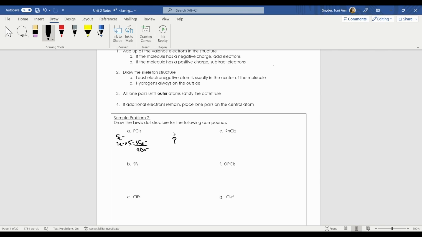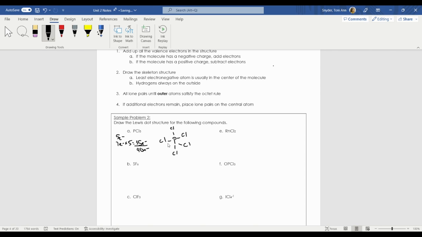So I'm just going to draw some chlorines, 5 of them coming off the structure, like this. It's going to be hard for me to do it on here, but we'll see how good I can do it with this pad. Every bond accounts for 2 electrons, right? Because you have 1 electron from phosphorus being shared and another from chlorine being shared.